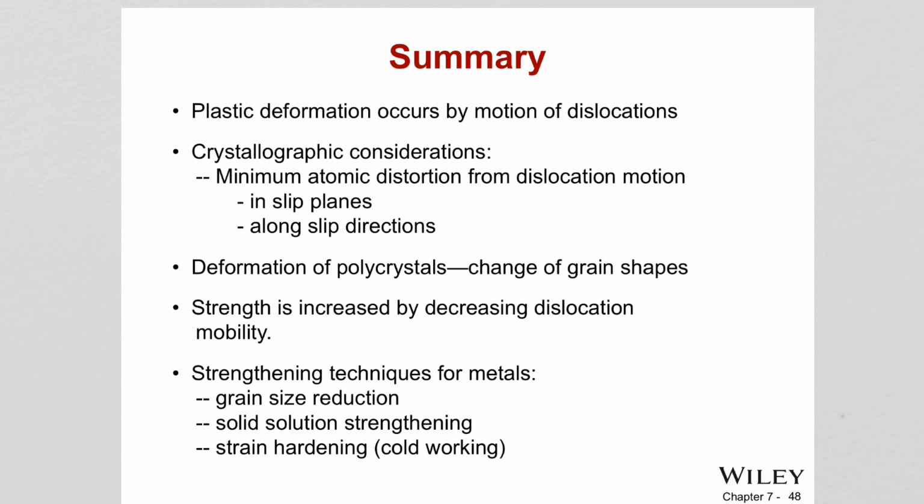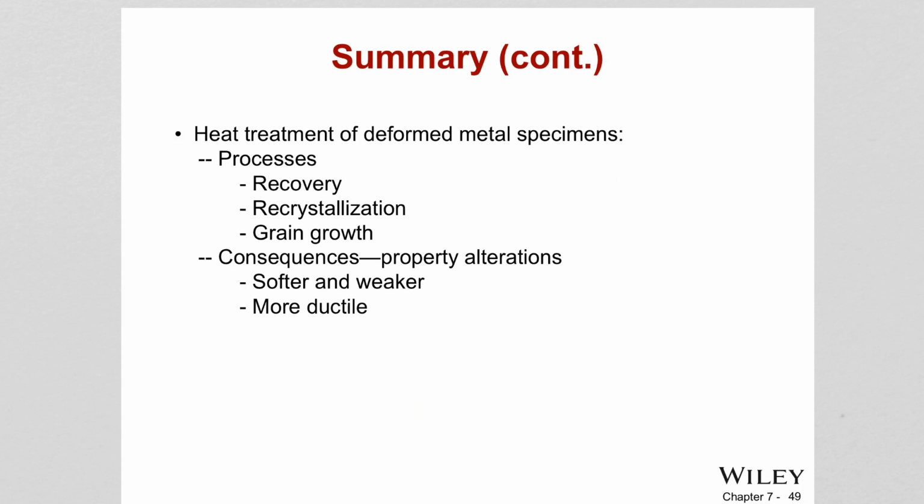We said strength is increased by decreasing dislocation mobility. How can we do that? We can reduce grain size, do solid solution hardening, or strain hardening. And to release the stresses and recover the grain structure, we can do annealing. Annealing is composed of recovery, recrystallization, and grain growth. With that process, we obtain a softer, weaker, and more ductile material.